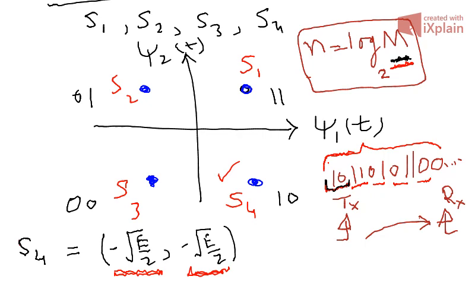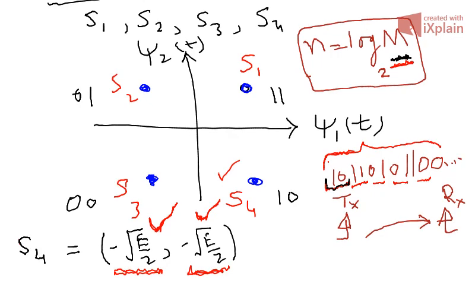First of all, we multiply a cos wave with this amplitude, which scales that cos wave. Then we multiply a sine wave with this amplitude, which scales that sine wave, and we add those two signals and transmit S4.